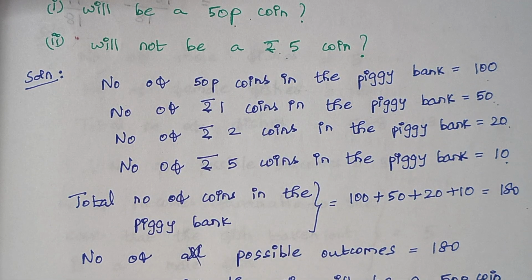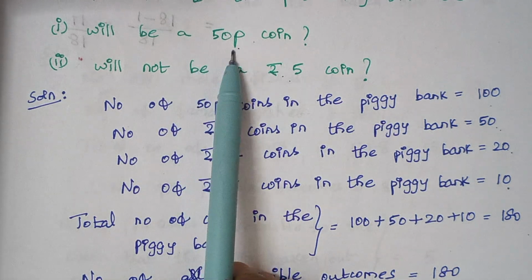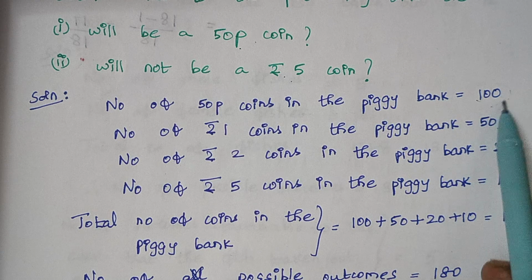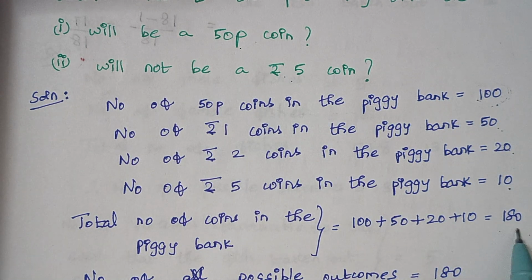The first thing is to find the probability that the coin dropped from this piggy bank will be 50 paise. How many 50 paise coins do we have? We have 100. And the total number of coins is 180.